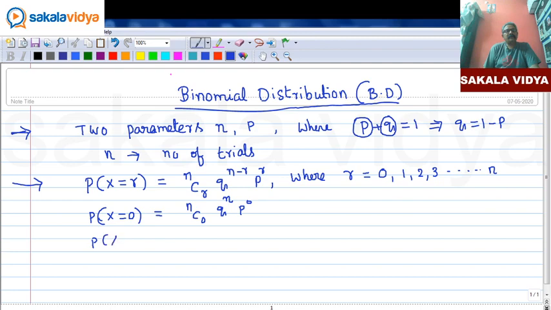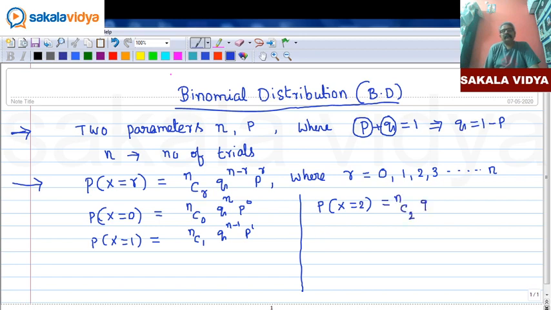P of X equal to 1 gives nC1 q to the power of n minus 1 and p power 1. And so on, P of X equal to 2 gives nC2 q to the power of n minus 2 and p square.